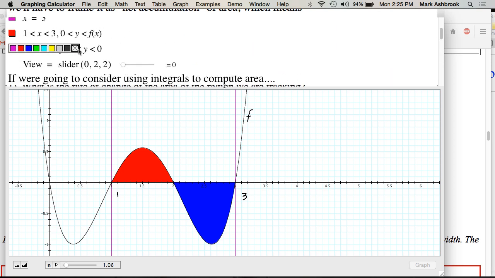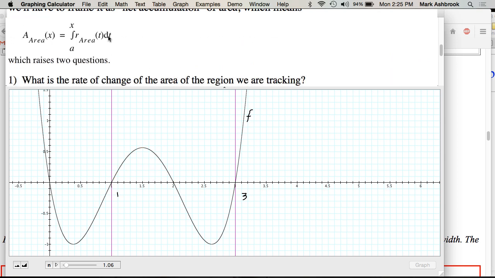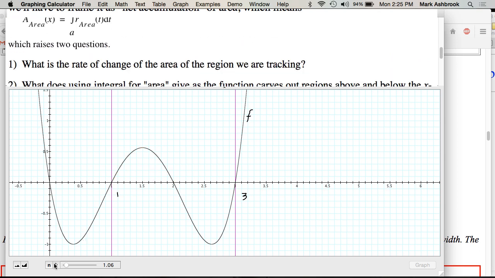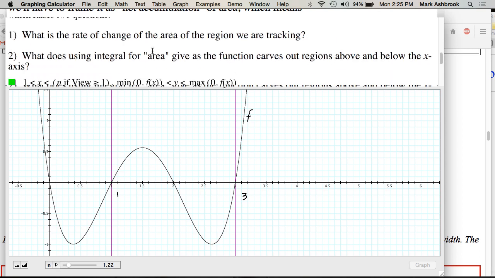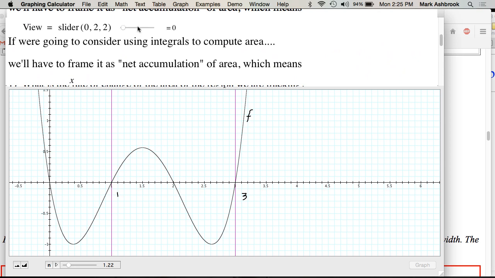So we want to think now about rate of change. Where is this rate of change of area going to come from? Rather than think of area as just, here's the region, what's its area?